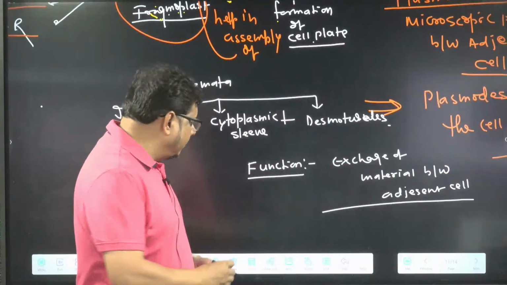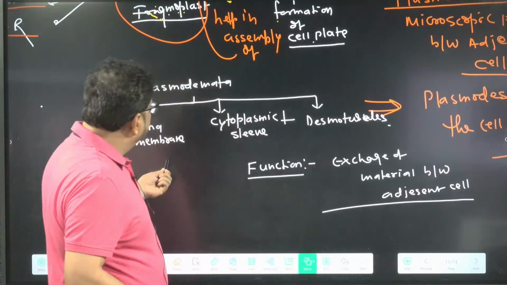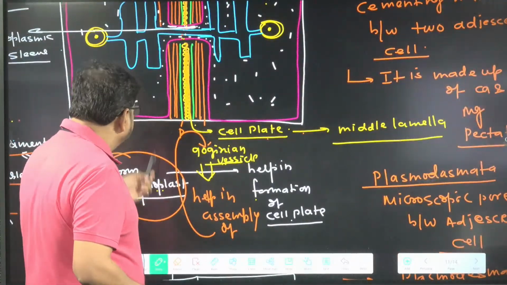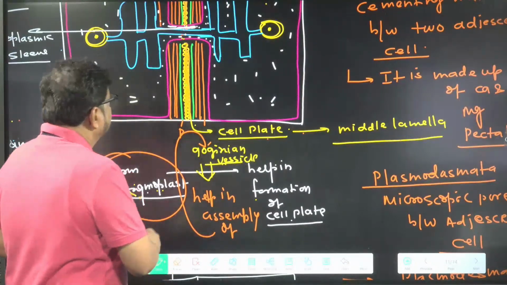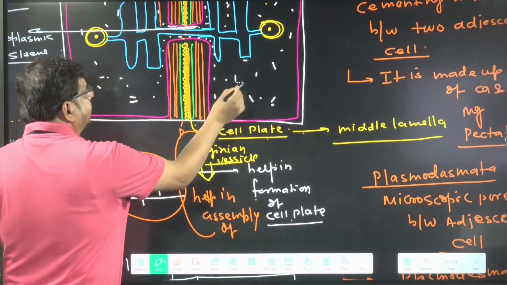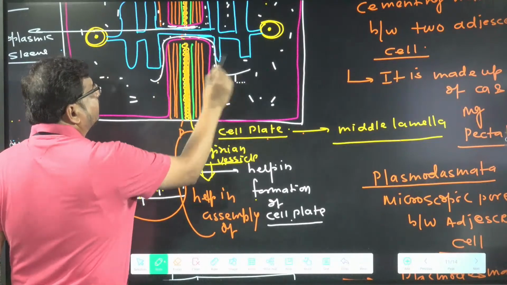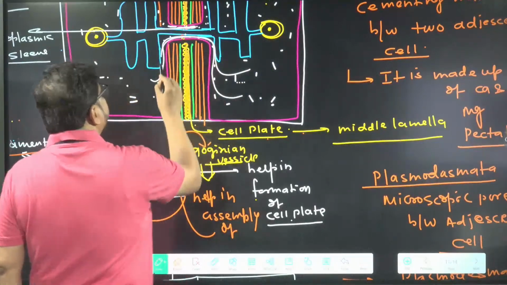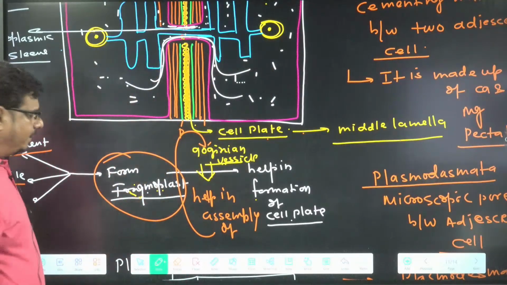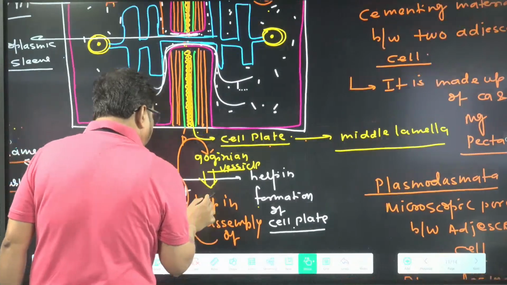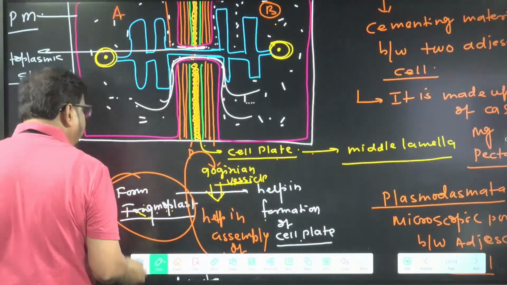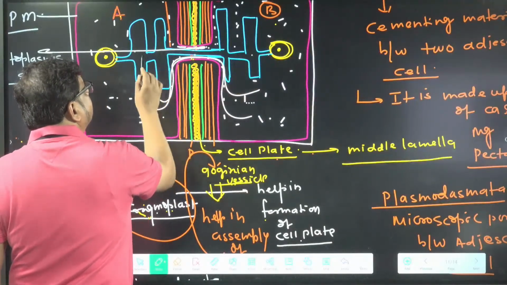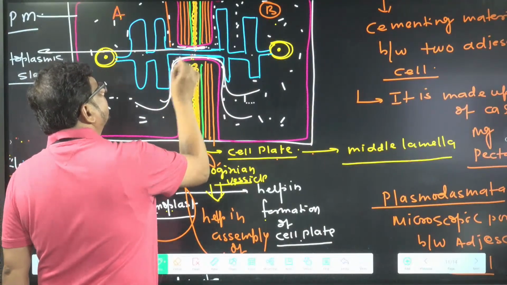So plasmodesmata helps the transport of material from one cell to another cell. Suppose something is required in this cell, that thing moves through plasmodesmata from here to here. Even two cells are connected together with the help of their ER. The ER of this cell and this cell are continuous. How are they continuous? With the help of these desmotubules.